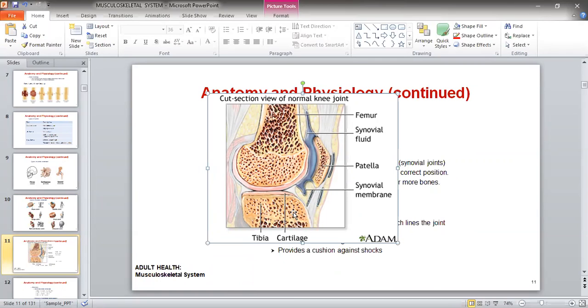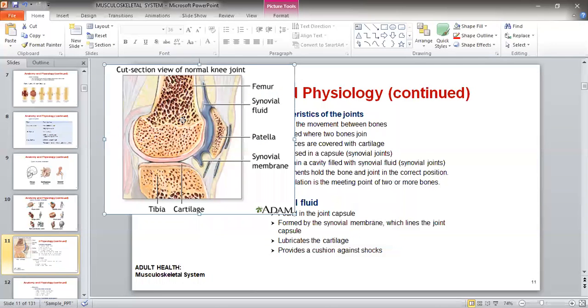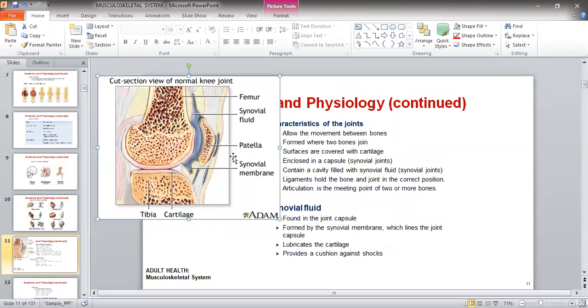In between the two bones there is fluid, called synovial fluid, covered by a synovial membrane. This fluid also works as a shock absorber, right? The two bones are attached with the ligament, and this ligament helps the movement of the joint.